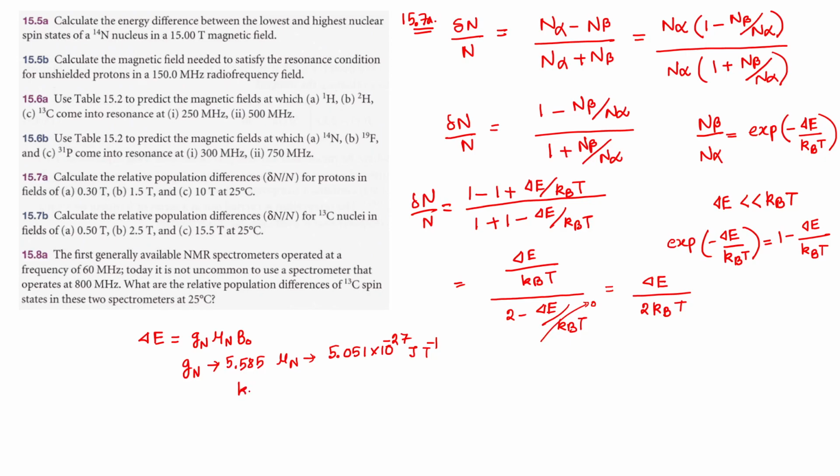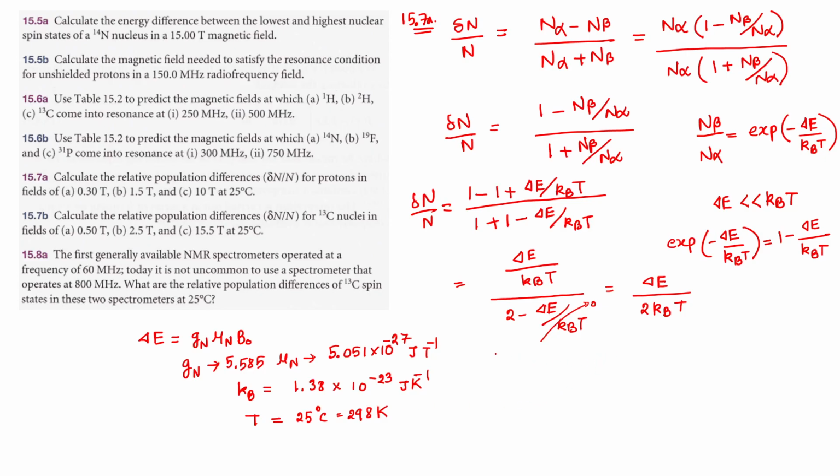And KB is your Boltzmann constant, which is 1.38 into 10 to the power minus 23 joule Kelvin inverse. As per the question, we are working at 25 degrees Celsius, which is 298 Kelvin. So we got almost everything, right?